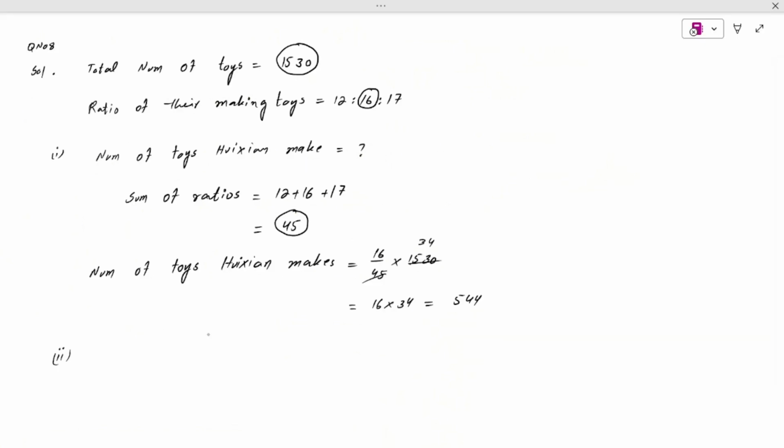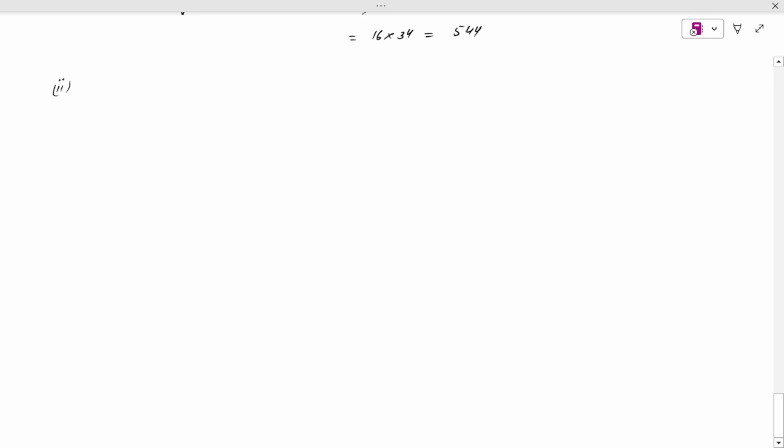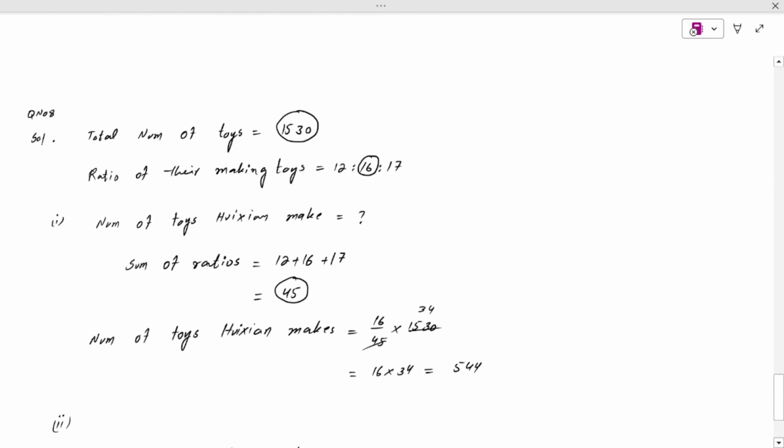So the number of toys Priya makes is equal to, the ratio of Priya is 12, sorry, 17.